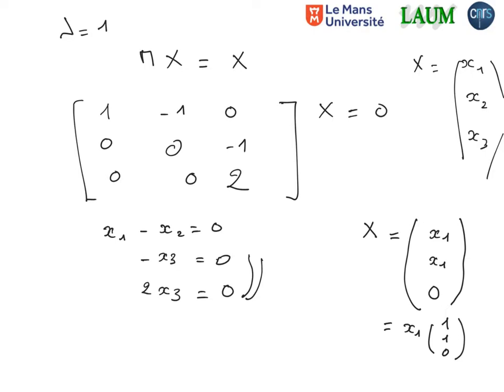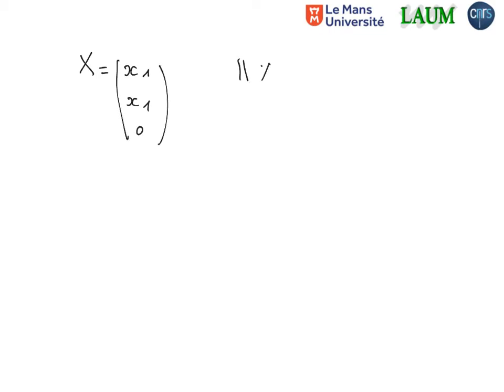So in the exercise, I ask to have a vector here with a norm equal to 1 and a first component which is positive. So if we look at that, the vector x is equal to (x1, x1, 0). I can rewrite it like that.